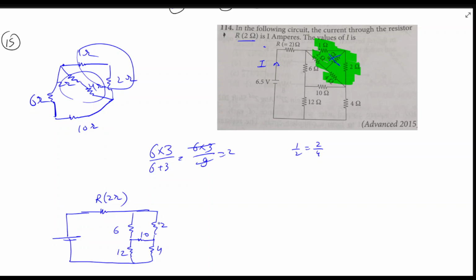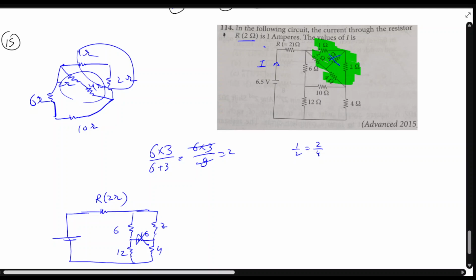Now look, this again becomes Wheatstone. 2 by 6 equals to 4 by 12. So we can just eliminate. Now what will happen? This is 6 overall, and this is 6 plus 12, 18. So they are in parallel. So R equivalent will be 6 into 18 upon 6 plus 18. So we have 6 into 18 upon, this is 24, right?